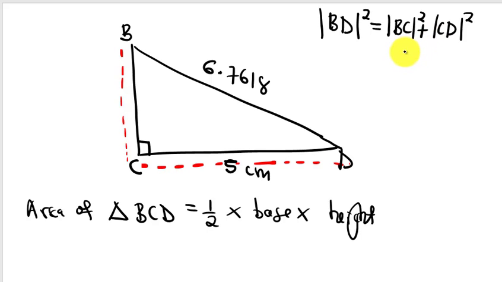Now we want BC, so let's make BC the subject. We know that BD is 6.7618.